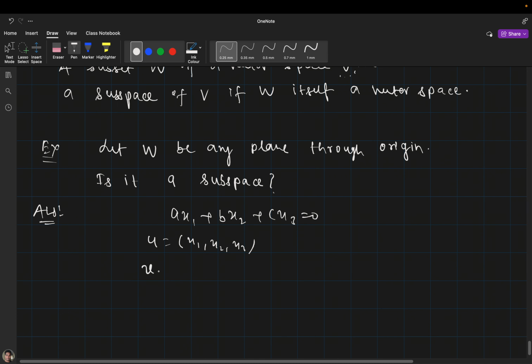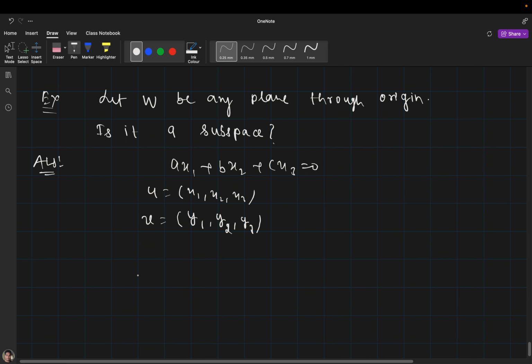Now take another point v, that is y1, y2 and y3. If we do u plus v, then what will happen? You get x1 plus y1, x2 plus y2, x3 plus y3. Now separate this.